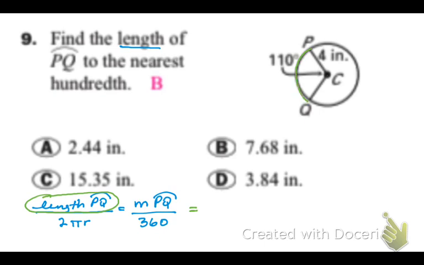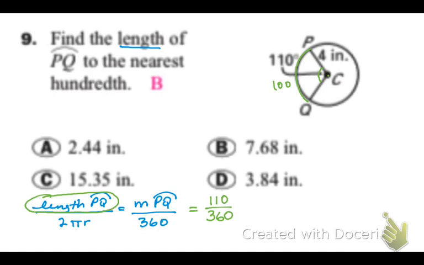The center of the angle is in the middle, and the angle is equal to 110 degrees, and so the measure of the arc is going to be 110 divided by 360. Okay, and that's going to be equal to the length of PQ over 2 pi r.